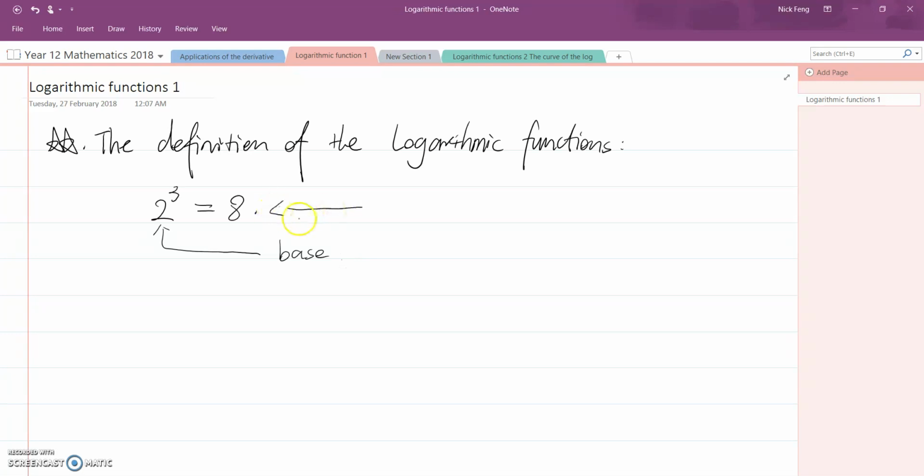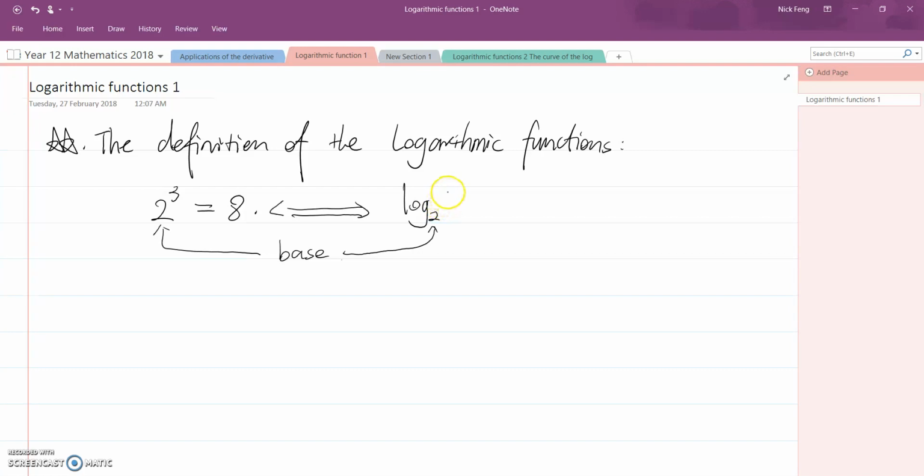There is an equivalent way of saying exactly the same thing using the log function, which is the inverse of exponential. In other words, we use log. Now, whatever you put under the log is also called a base. This base stays the same, no matter if it's in the exponential or in the log function.